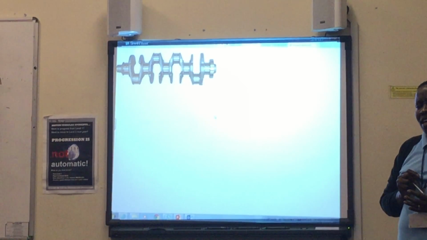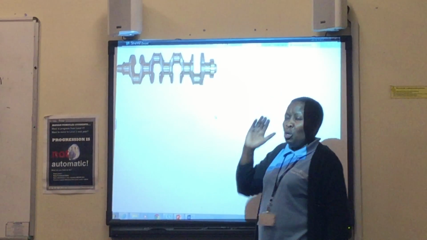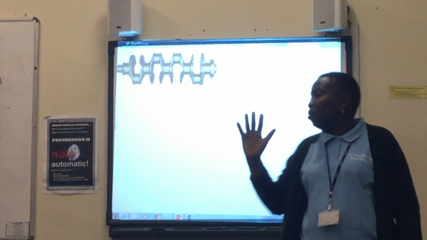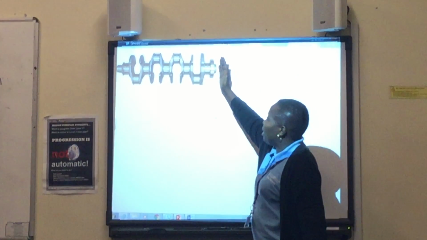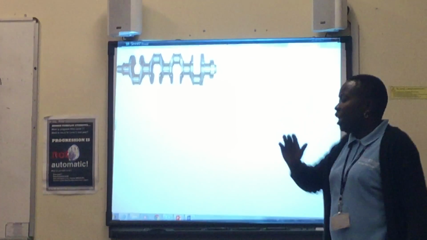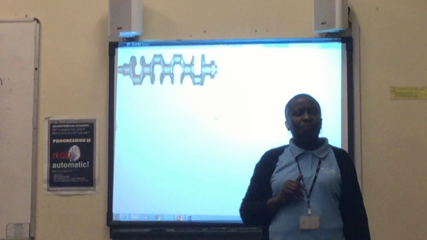At this end, we have the flywheel attached. If you see on your sketch, we have a flywheel. So the flywheel is attached at the end of the crankshaft.